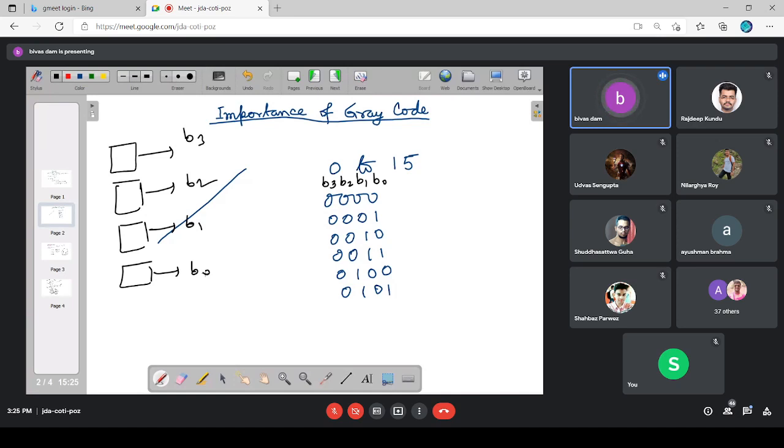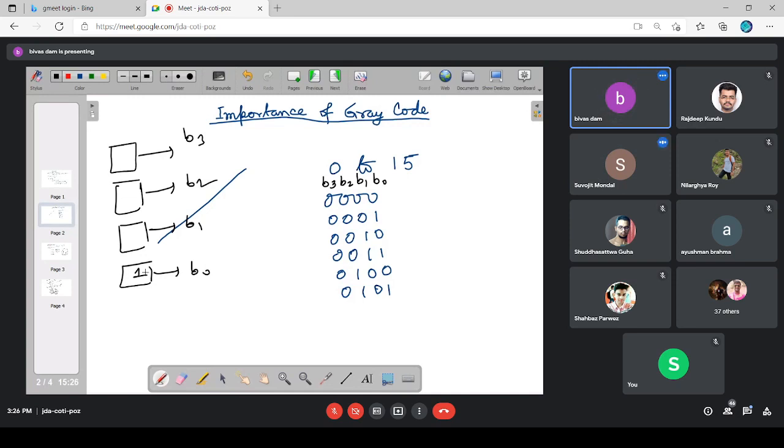Now, let the students suggest which one of these four latencies is the smallest. Which one is the fastest responding output? B0. Yes, B0 is the fastest responding one.